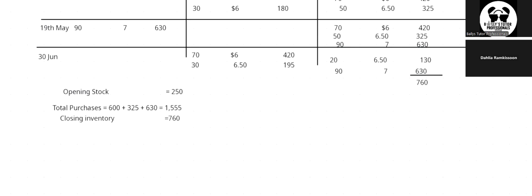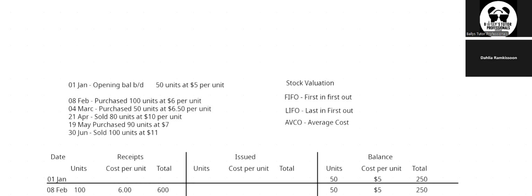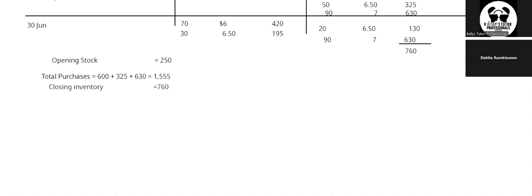My sales would be 80 units at $10 each, 80 by 10, plus 100 units at $11 each. 80 units by 10 is 800. And then 11 by 100 is 1,100. Add them up. My total sales is 1,900.